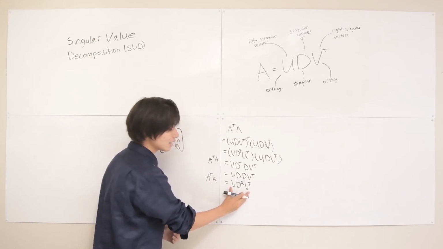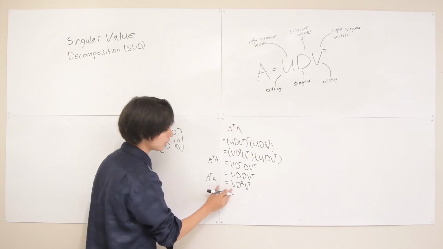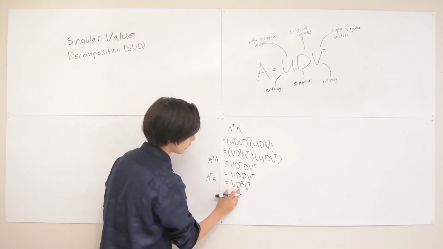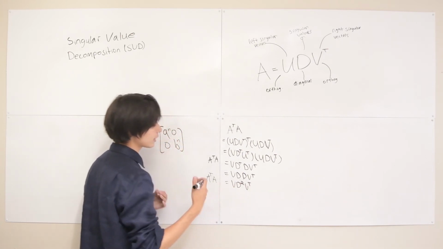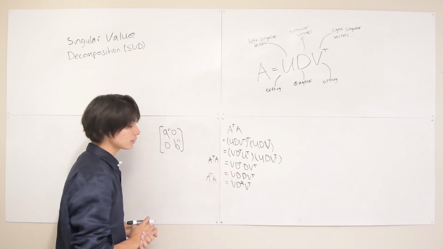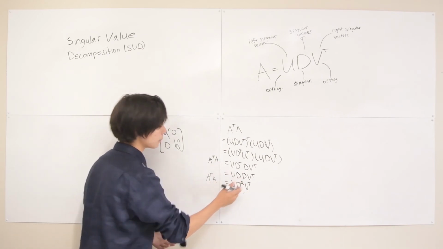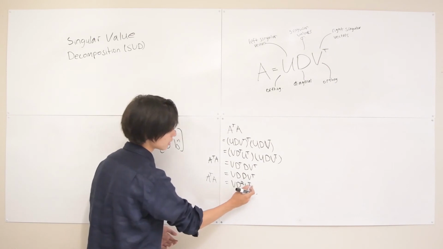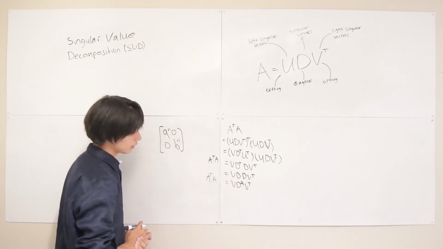But this is an eigendecomposition. We have some V and some diagonal matrix and some V transpose. In fact, it's the nicest case of the eigendecomposition of a symmetric matrix. That's why this is a transpose, not an inverse.